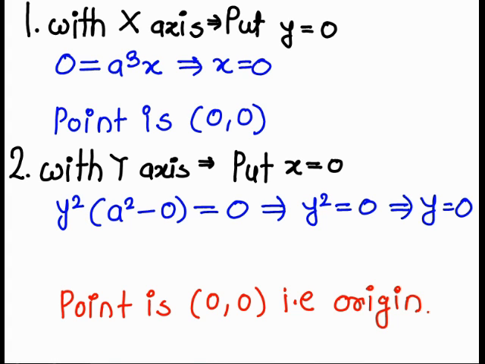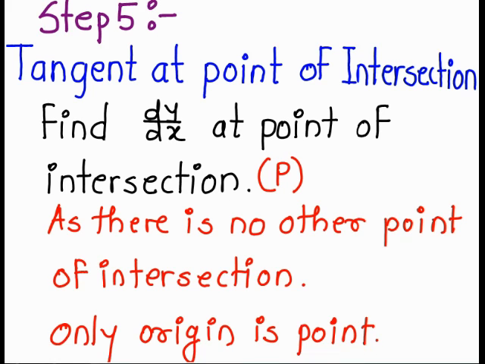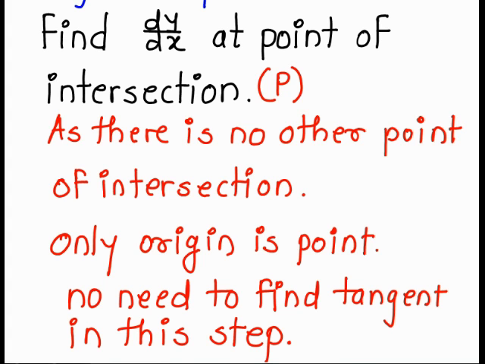Again we get only the origin as a point of intersection. In the previous video, we saw how to find a tangent at the origin. For this particular example, as the only point of intersection is the origin, there is no need to find a tangent.